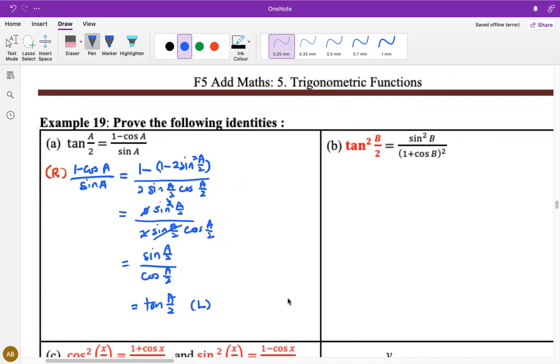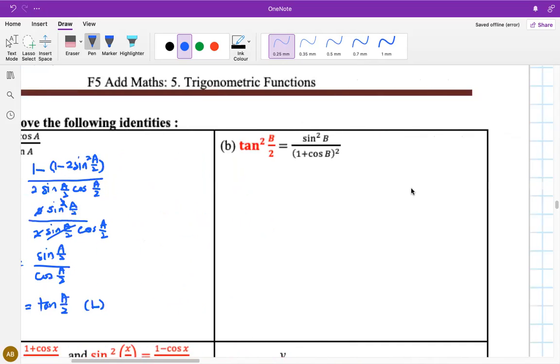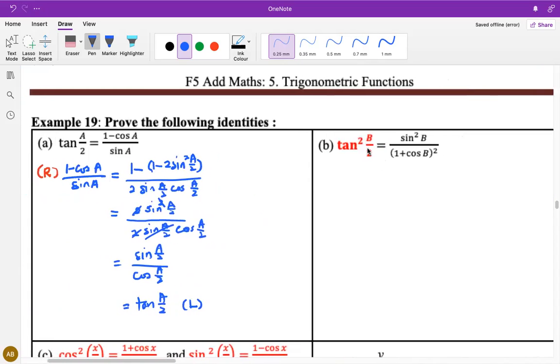Okay, then we go to B. B is tangent square B over 2. So you can prove from left to right. So what is tangent B over 2?